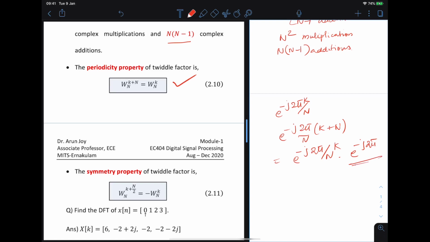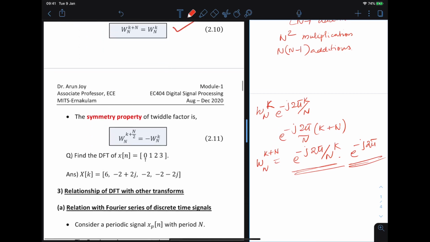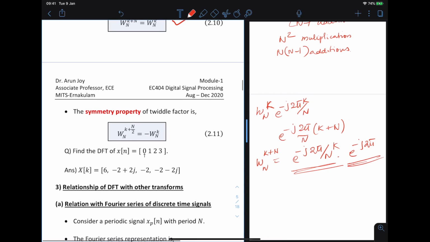Now what is the value of this one? It will be equal to 1. Thus we get the same answer: Wn raised to k and Wn raised to k plus n both have the same answer. Similarly, using the same method, you can solve the symmetry property for the twiddle factor.